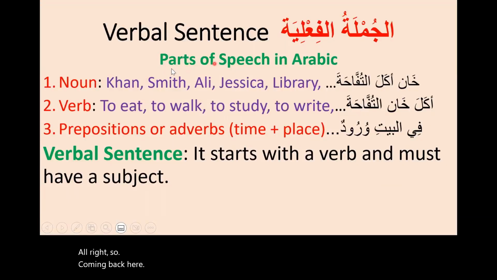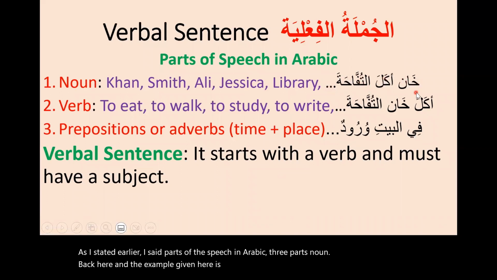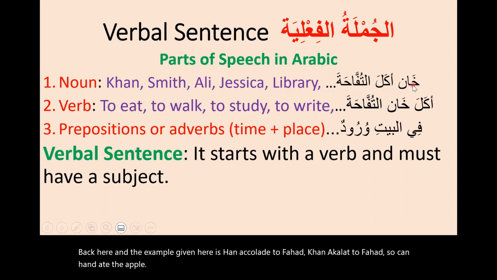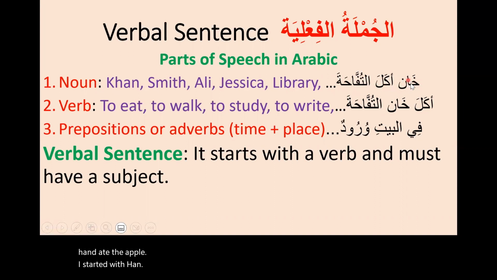As I stated earlier, there are 3 parts of speech in Arabic. The noun, like here, and the example given here is Khan akalat tufaha. So Khan ate the apple. I started with Khan. Khan is a noun or the name, so this sentence is a nominal sentence.